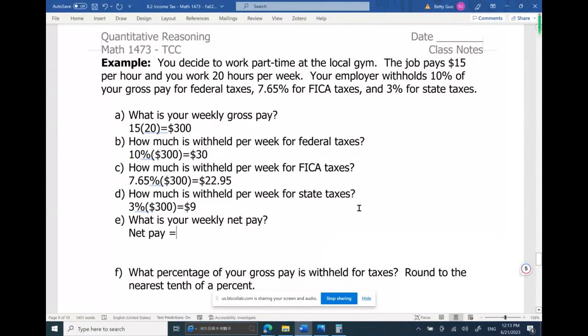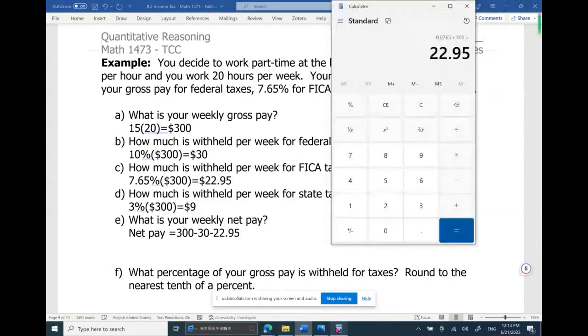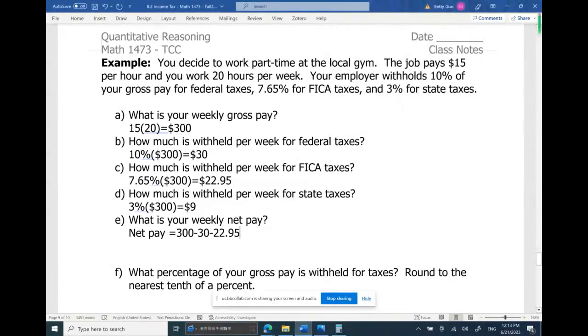From $300, we are going to subtract the federal tax, 30, the FICA, $22.95, and then subtract state tax $9.